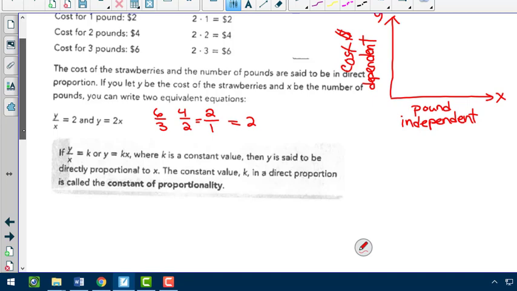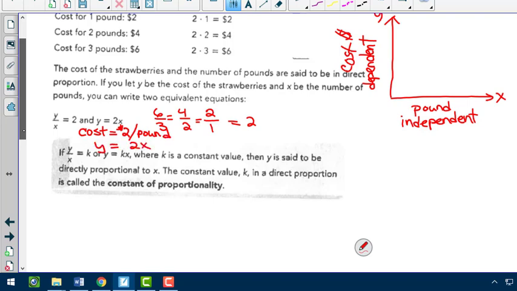These are all equal to 2. And the other way we could write this is that our dependent variable, our cost, is equal to $2 per pound times our pounds, which are our x. So y is equal to 2x.